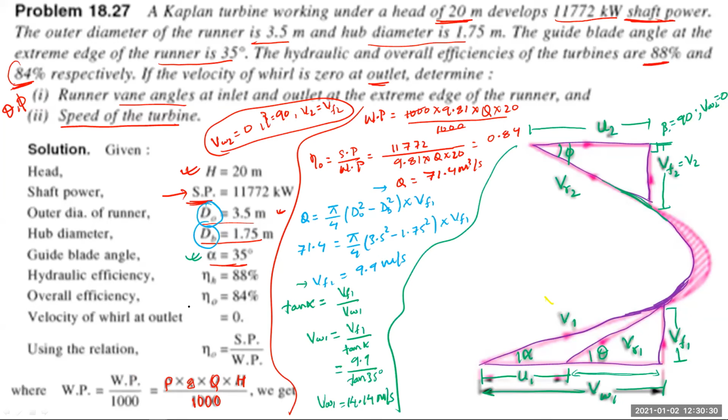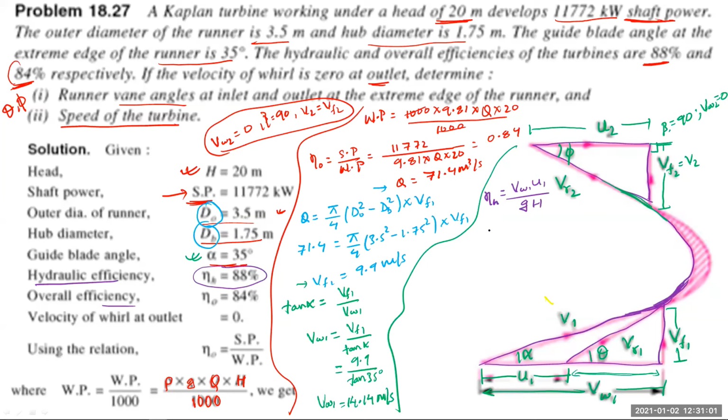Now, which given data have we not used till now? Hydraulic efficiency. We have used the overall efficiency, but not the hydraulic efficiency. What is the formula for hydraulic efficiency? Eta H equals VW1 into U1 divided by acceleration due to gravity into head. This value is 0.88.